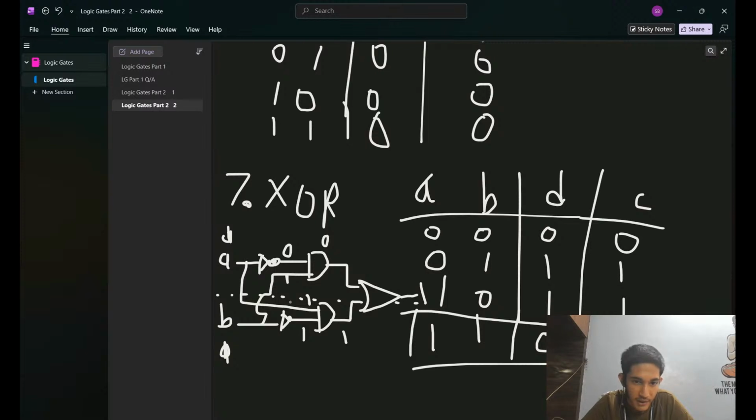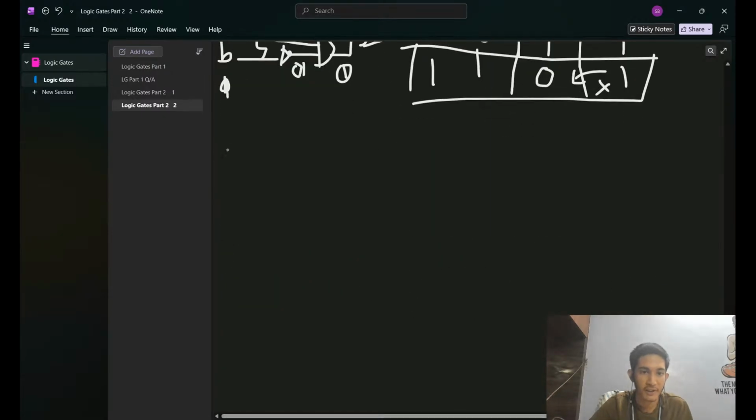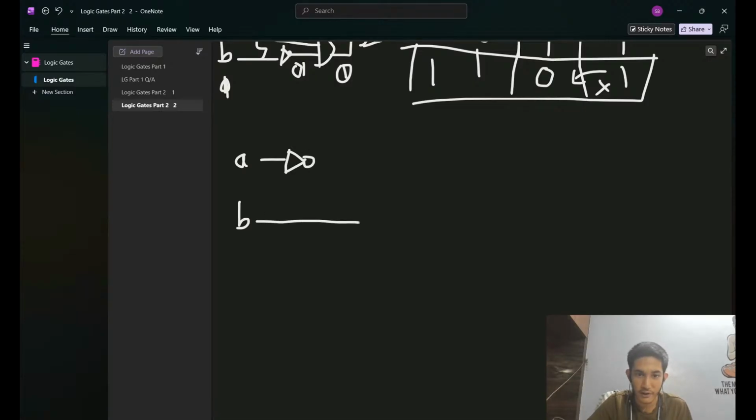Same here, this will be 1, but this will be turned to 0. Because AND gates look for both ones, they will consider this as 0, and the OR gate will again give 0. So I'll just draw the diagram in larger size here, because this is a pretty cool logic gate. It's one of the more complex logic gates we have seen until now.